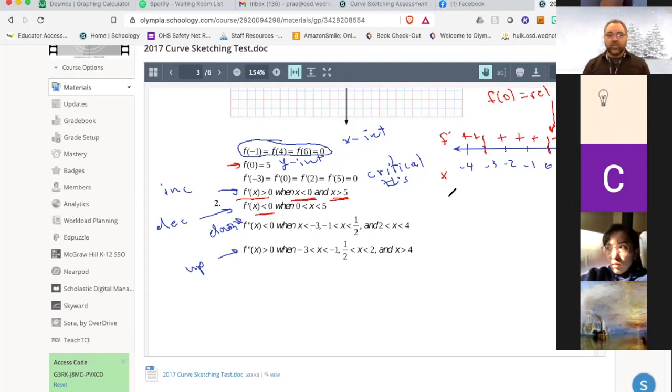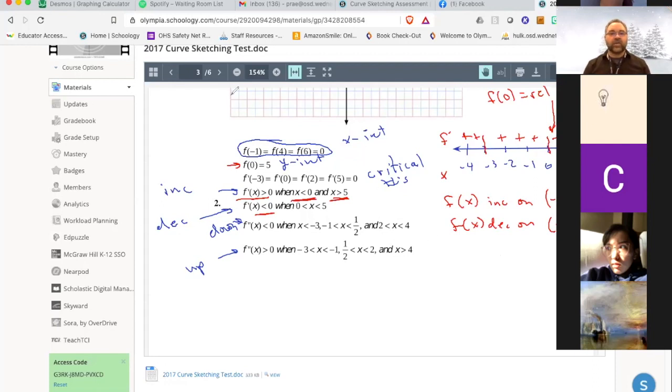So we would say f(x) increases on the interval -∞ to 0, union with 5 to infinity. f(x) decreases on 0 to 5. And that's everything the first derivative tells us about that function.